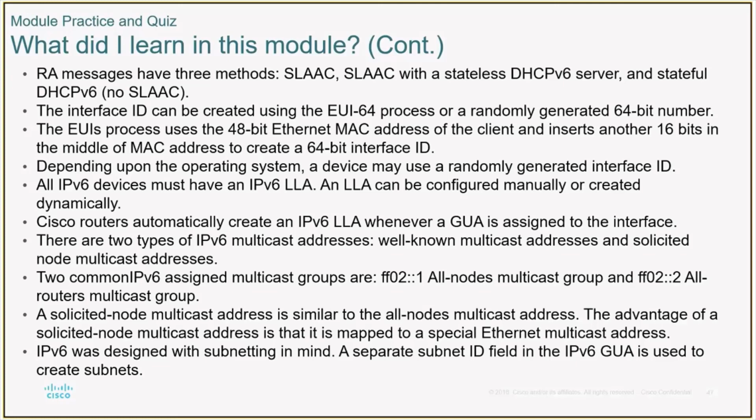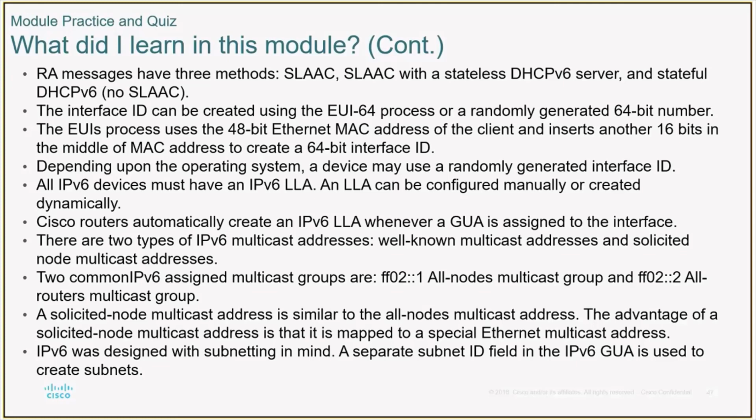Depending upon the operating system, a device may either use EUI-64 or a randomly generated interface ID. All IPv6 devices must have a link local address, and again, that can be created either manually or dynamically. Cisco routers automatically create a link local address whenever they have a global unicast address.